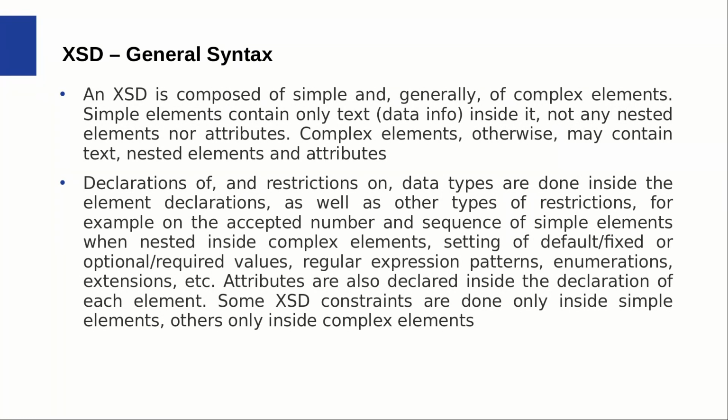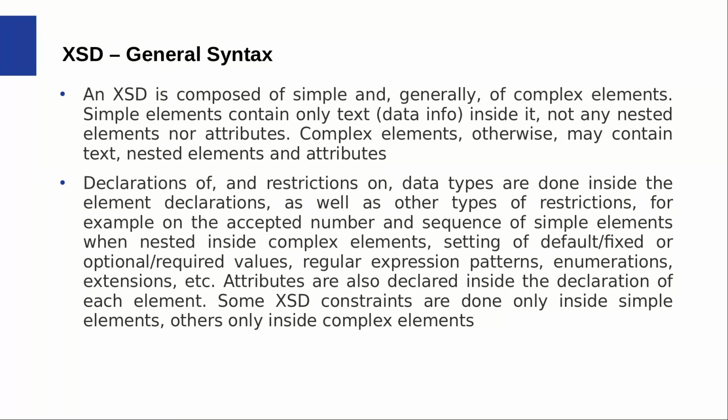So any element that contains attributes, it's a complex element. Any element that contains eventual nested elements, it's also a complex element. And elements that contain only text and not any element and not any attribute, it's a simple element.